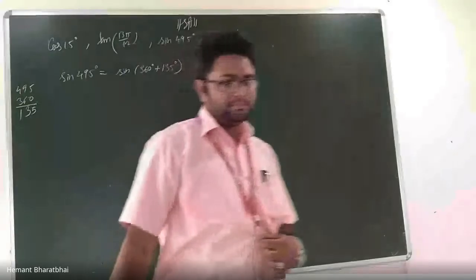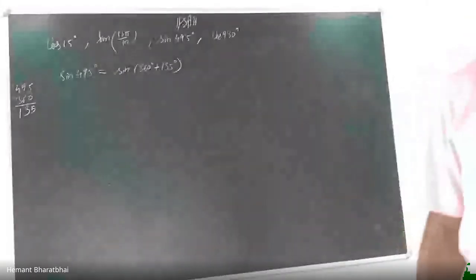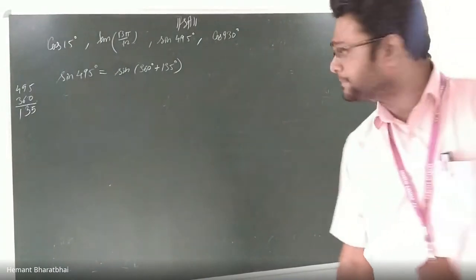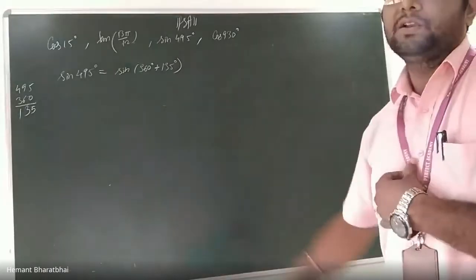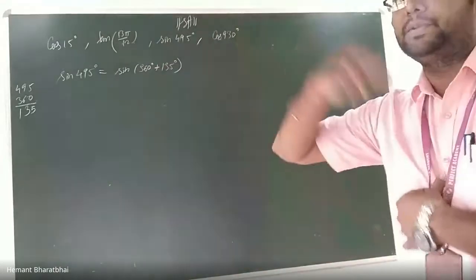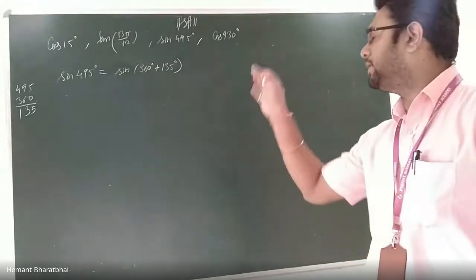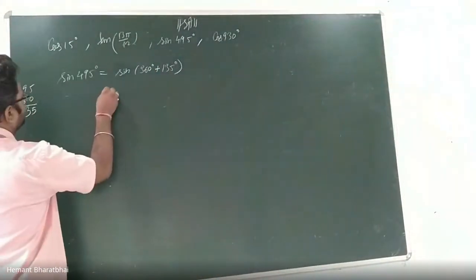See, why do I think like this? Because I don't know how much it is. So I can always do 360 degree, which means one circle. So after one rotation, it is how much? And that is why I've broken it up as 360 plus something.